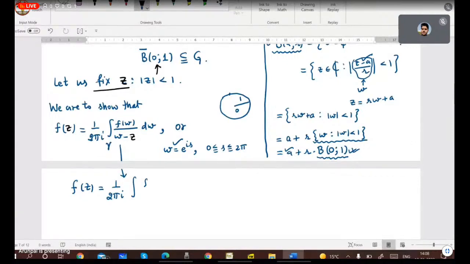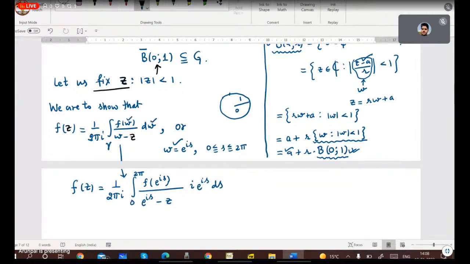So now it will be f, and instead of w we put e to the power is, and w is e to the power is minus z, and what will be dw? i e^{is} ds, right class? And s will go from 0 to 2 pi. So we have changed the integral, which was initially an integral with respect to this complex variable.